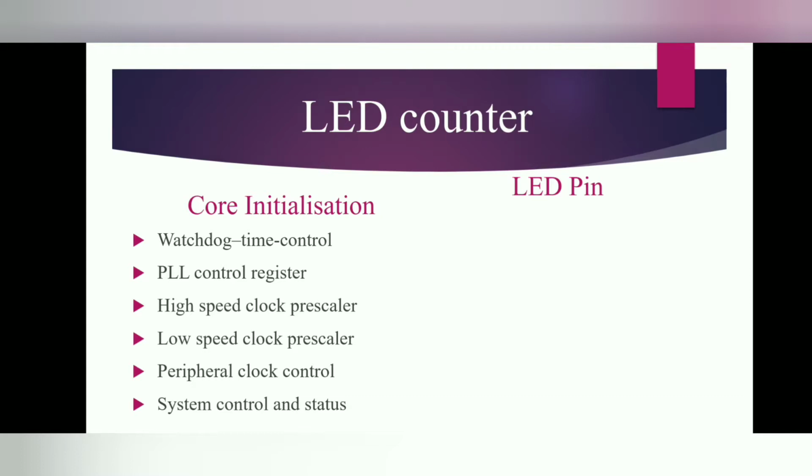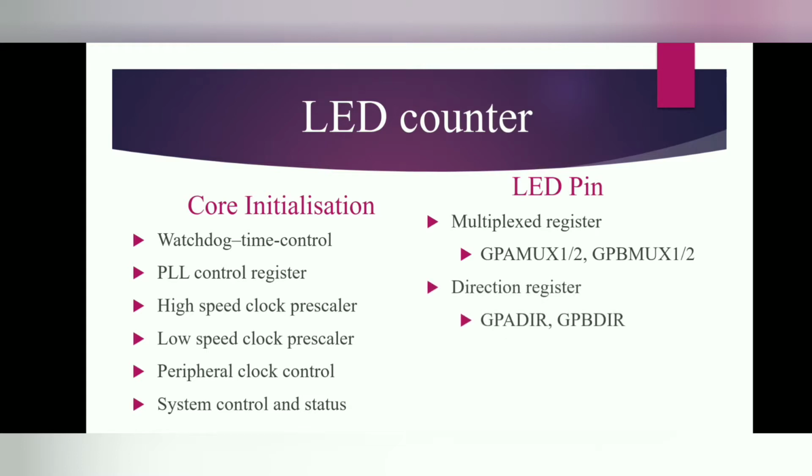The GPIO pins are connected to your DSP core with the help of some internal registers. How do we use these internal registers of the DSP processor? We can access them using the multiplex registers like GPA mux 1 and 2, GPB mux 1 and 2, and the direction registers. Suppose you want to use a GPIO pin as an input or as an output; depending upon the direction of the GPIO pin, you can access the registers accordingly.